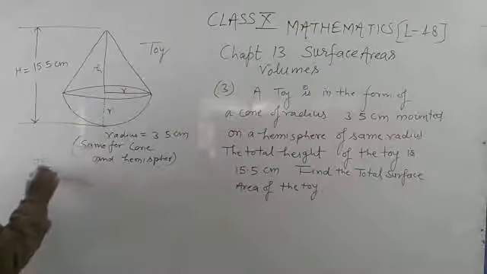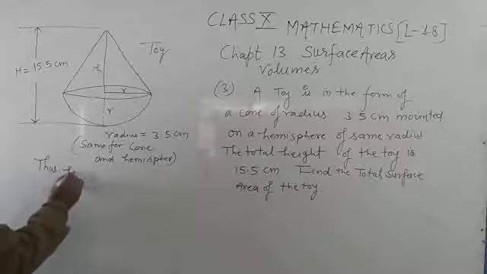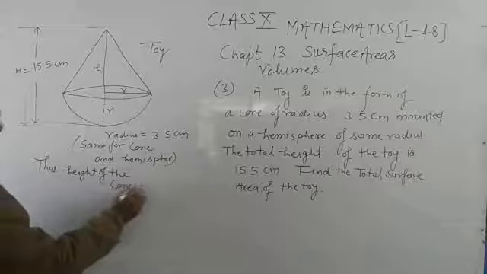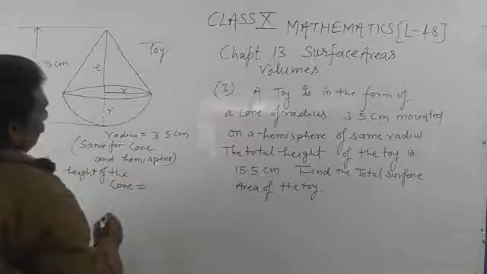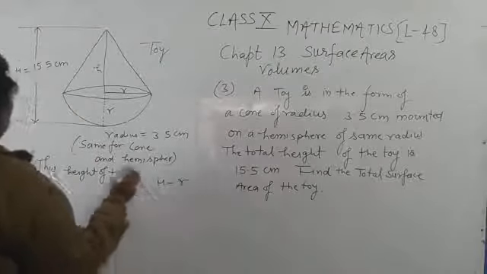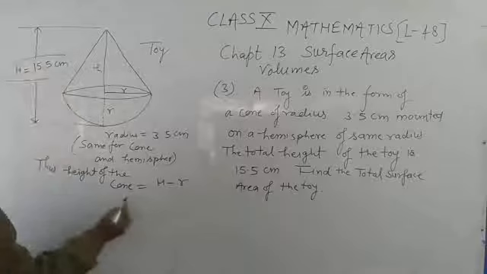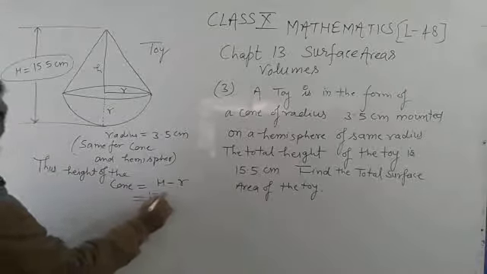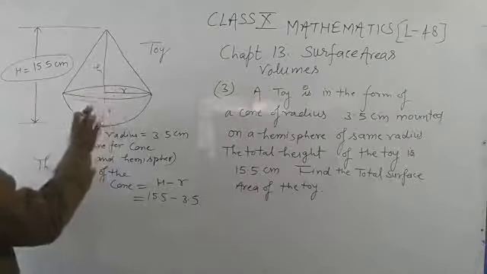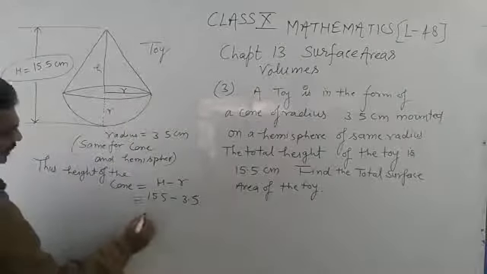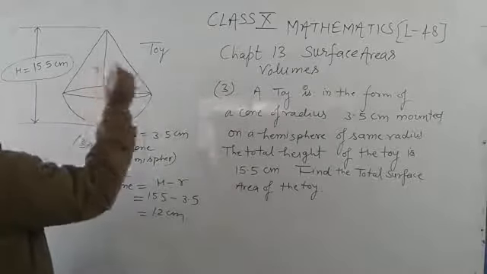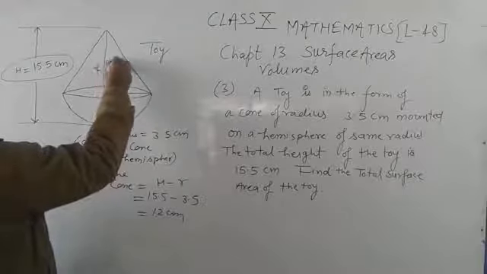Now, thus height of the cone is equal to h minus r. h क्या है? Total height. तो it becomes 15.5 minus radius 3.5, because from this total height we should subtract radius. It becomes 12 centimeter. So height of cone becomes 12 centimeter.